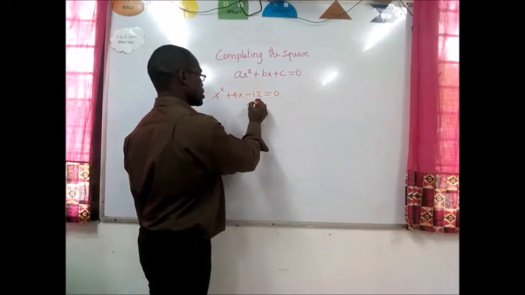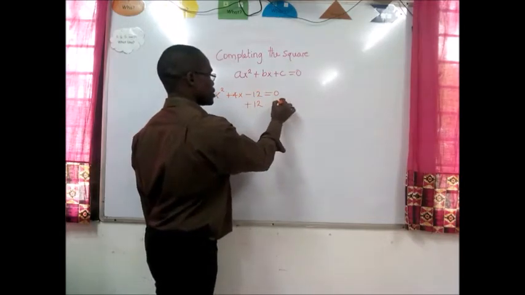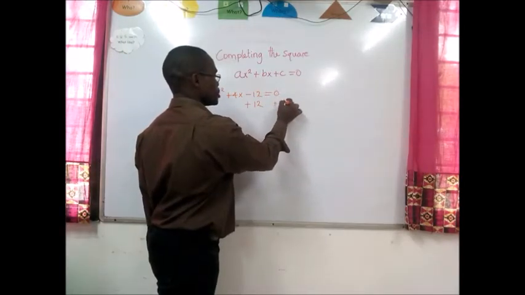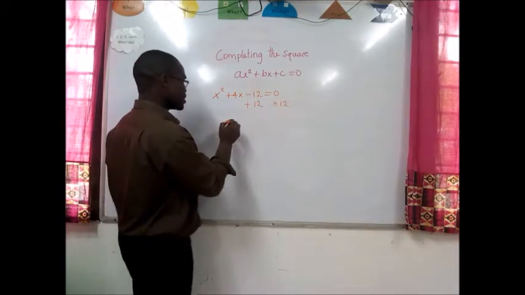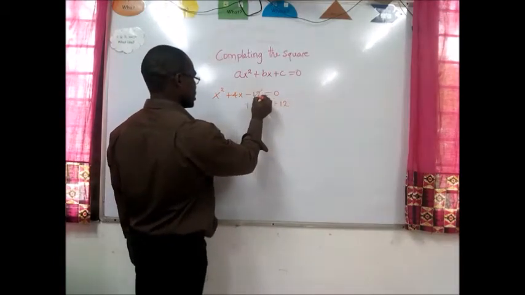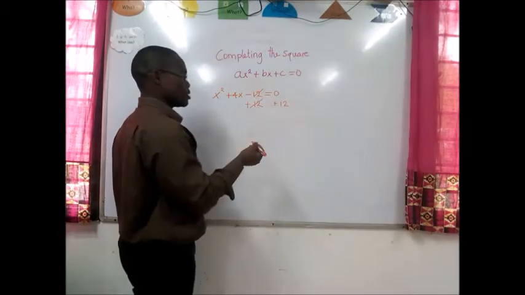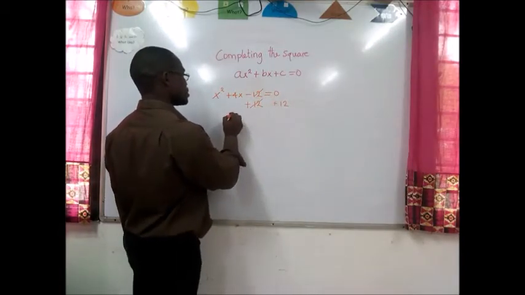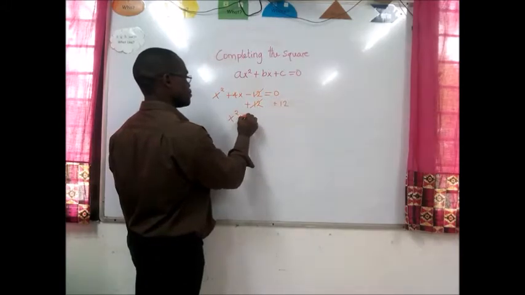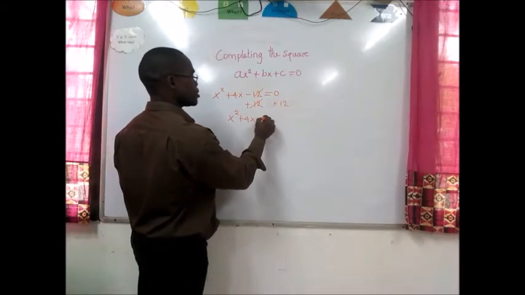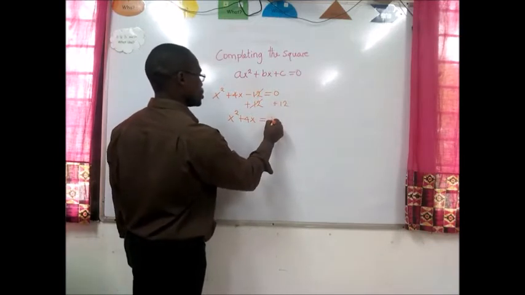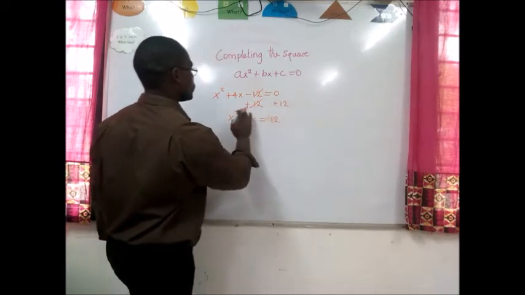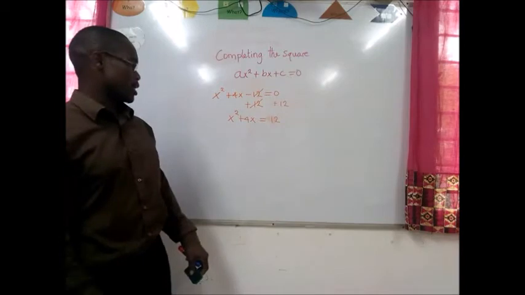So we add 12 on both sides. Our new expression will be x squared plus 4x equal to 12, because negative 12 plus 12 is 0.